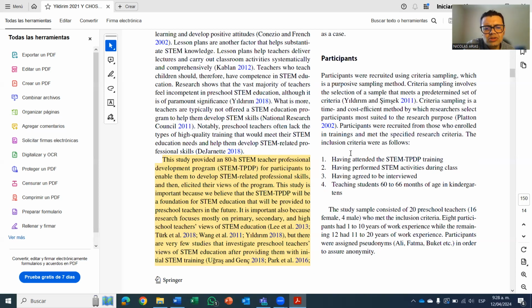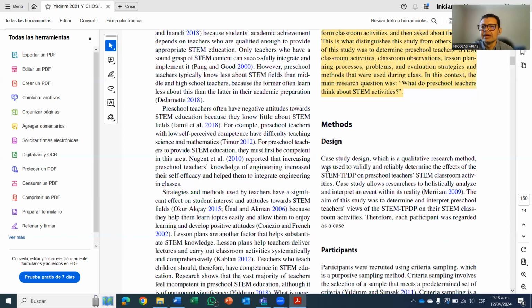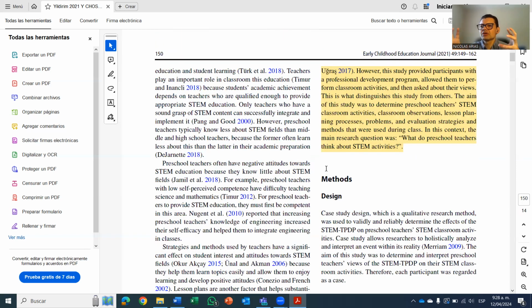It is important also because research focuses more on primary, secondary, and high school teachers' views of STEM education, but there are very few studies that investigate preschool teachers' views of STEM education after providing them with initial STEM training.